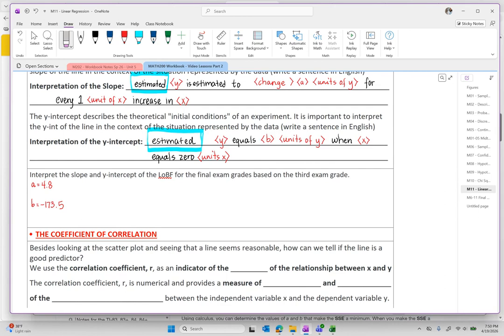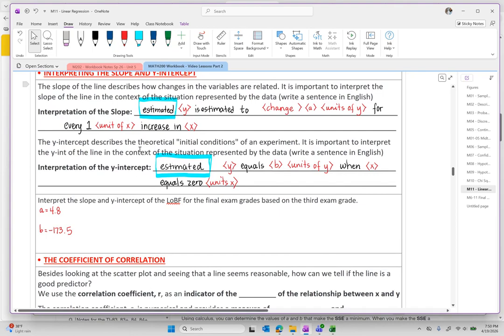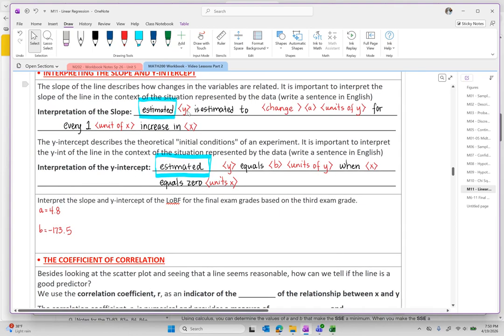So to interpret the slope, we will say that the estimated final exam grade or the final exam grade is estimated to increase 4.8 points for every 1 point increase in the third exam score.